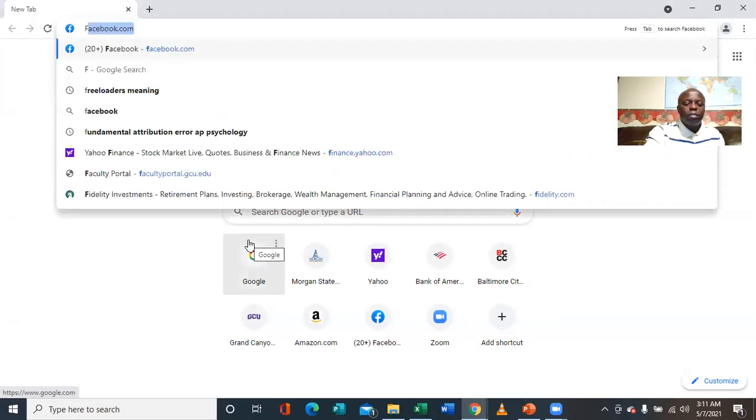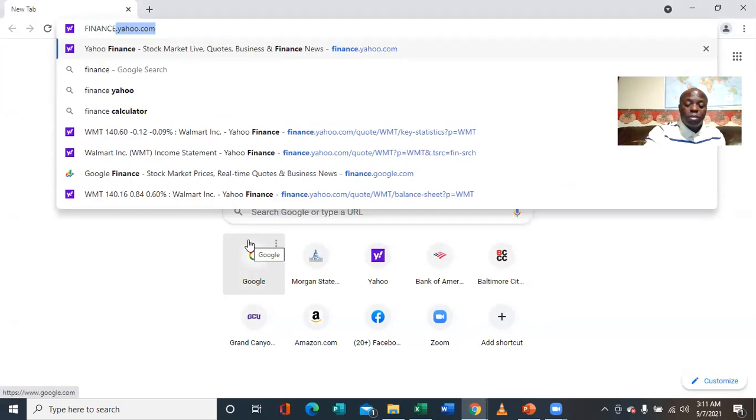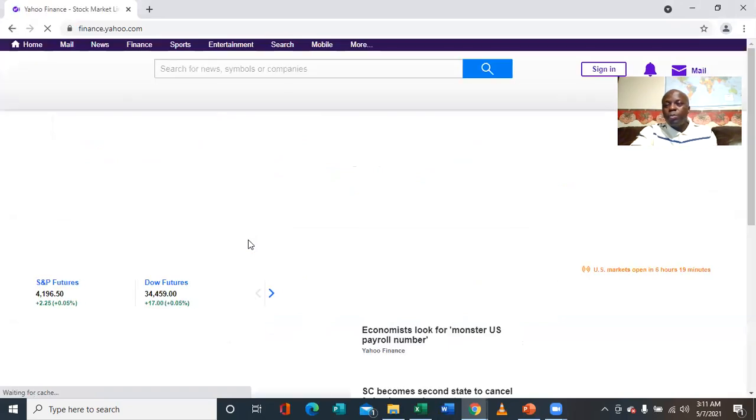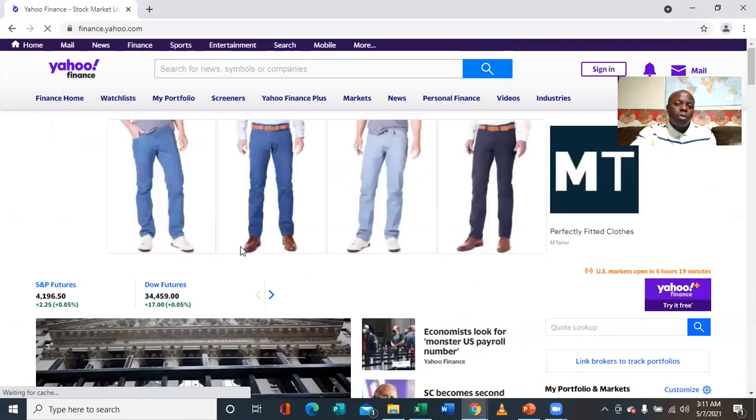Type finance.yahoo.com. So it will open up the section of Yahoo that deals with finance. Now you can then look for the company. Usually you search for the name of the company using their trading symbol.